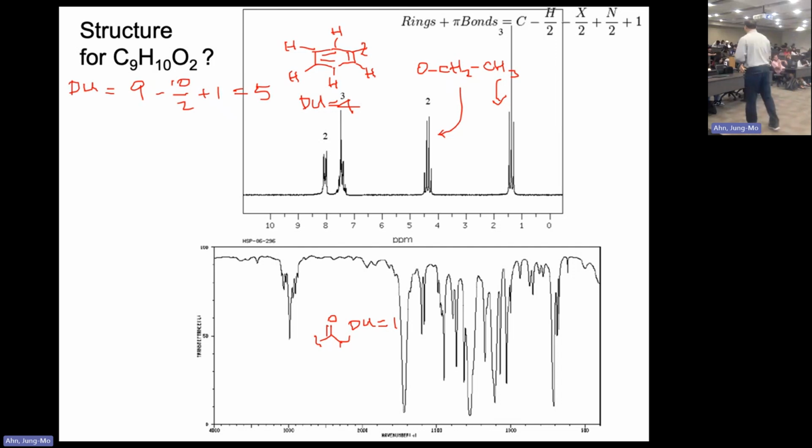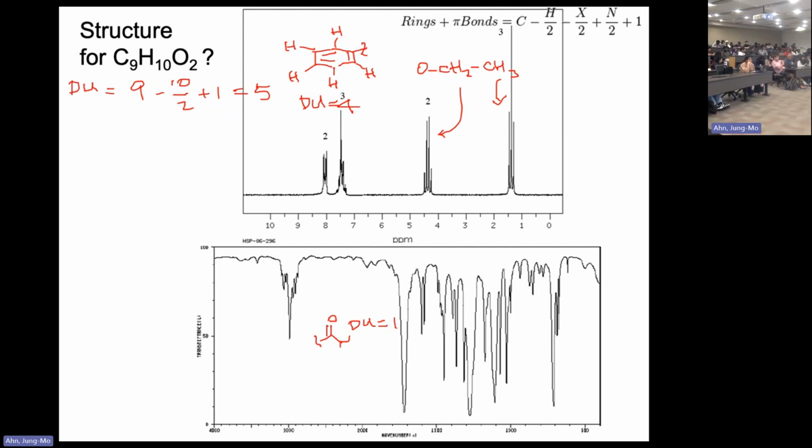If it's a carboxylic acid, we're supposed to have an OH that's really broad, centered at 3000, and we don't see that, so it cannot be carboxylic acid. And if it's an ester, it moves higher, like 1740, 1750. If it's an amide, it moves down, like 1660, 1650. So 1710. So I think it must be the ketone.